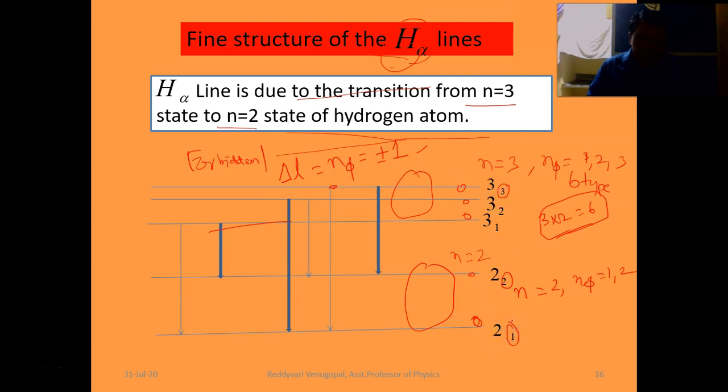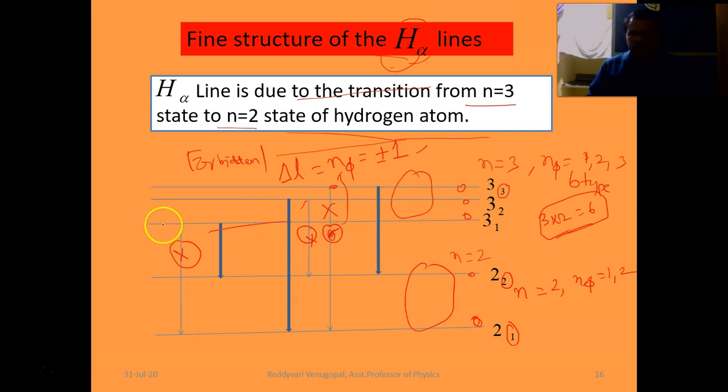That means delta n_phi is equal to 2. But this transition is forbidden according to our selection rule. Like that, these three transitions are forbidden according to the selection rule.